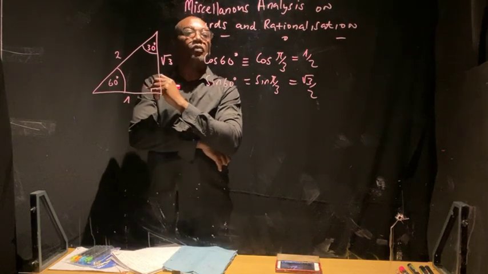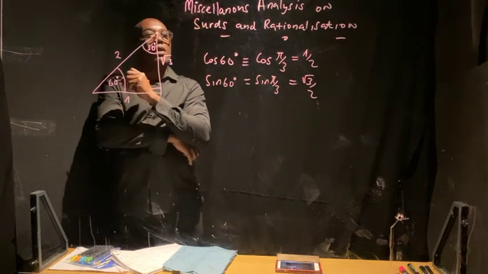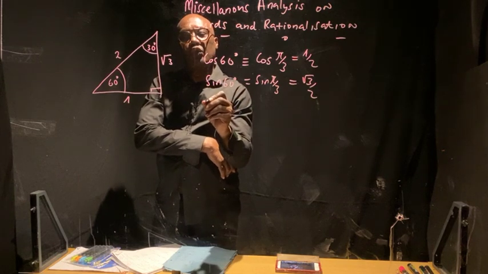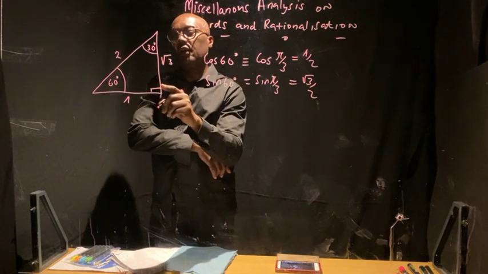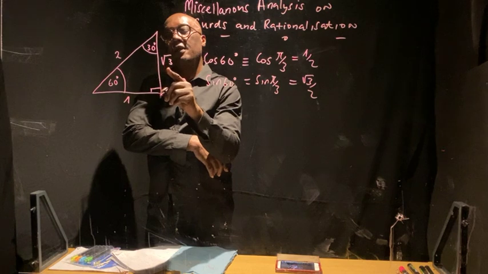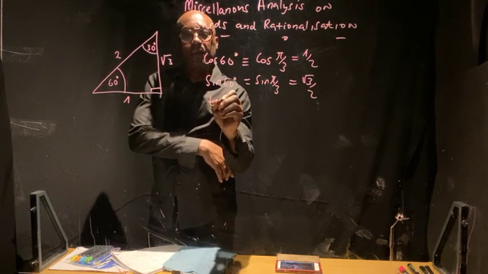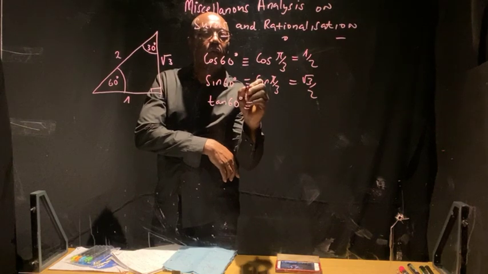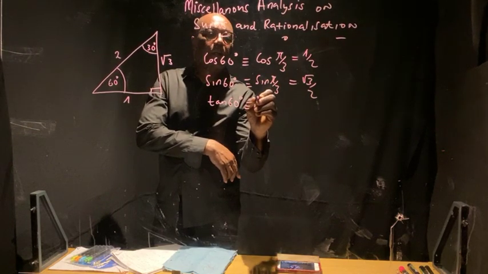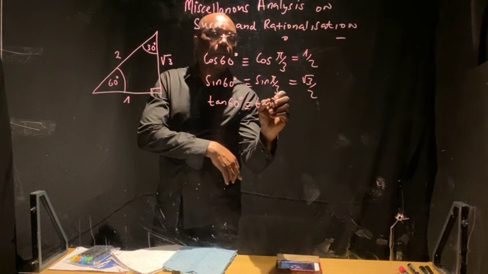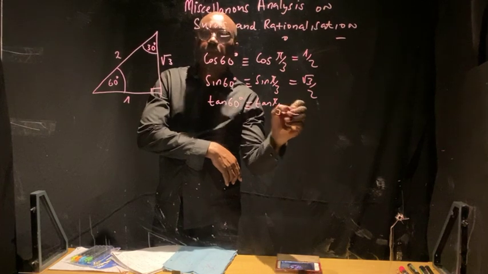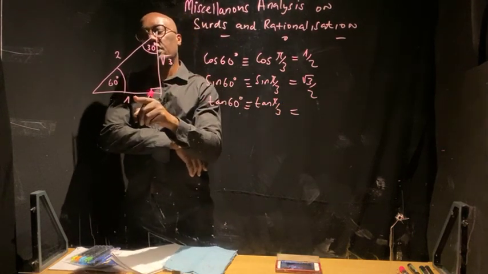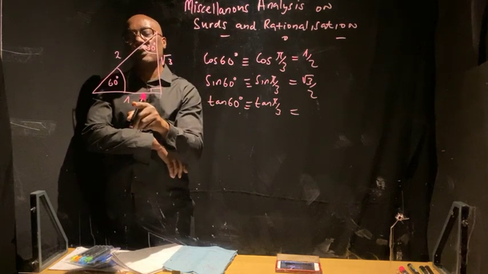Good. Then we come back and we see that tan 60, or tan pi by 3, tan is equal to opposite over the adjacent.